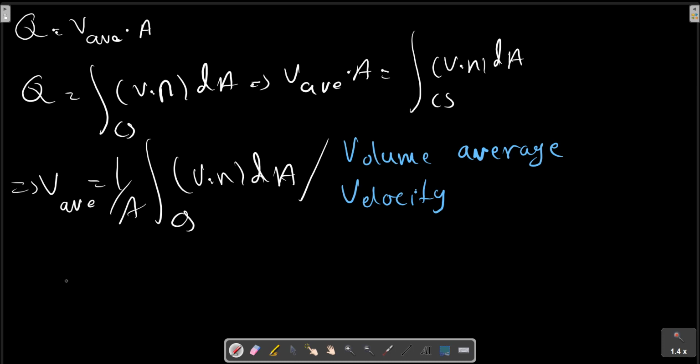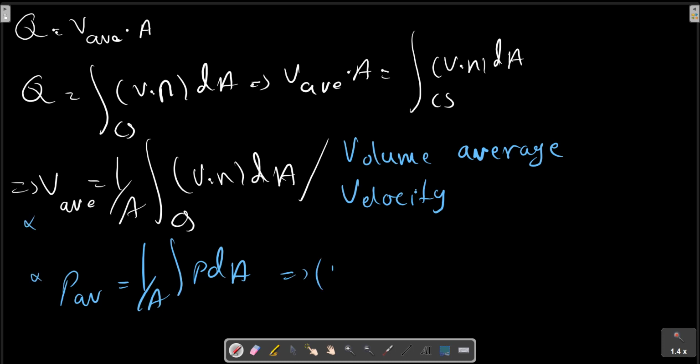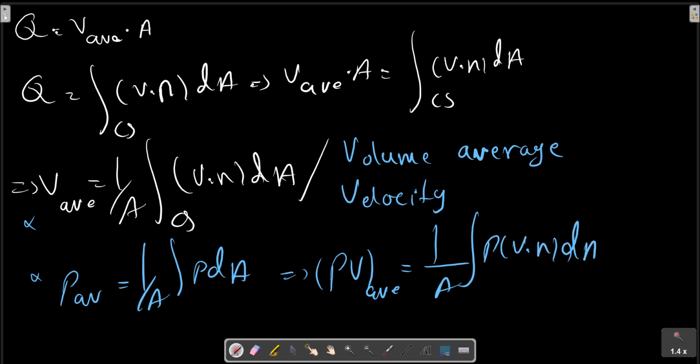So we can calculate rho average equals the integral of rho dA over A, and with a multiplication of these two relations we can calculate the integral of rho V dot n dA, which is rho average V average.